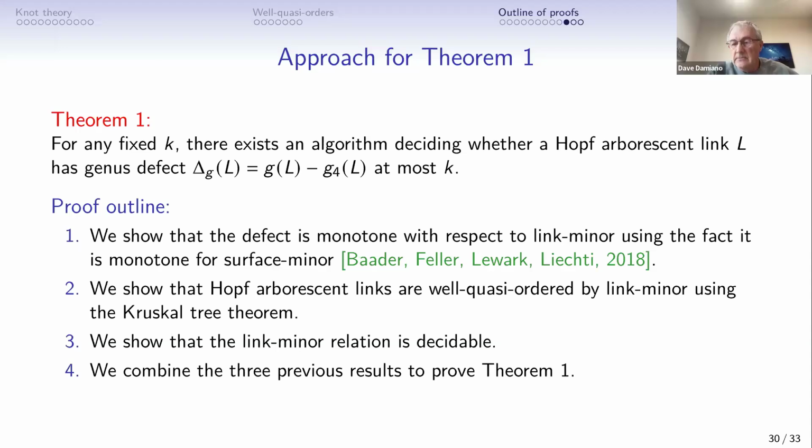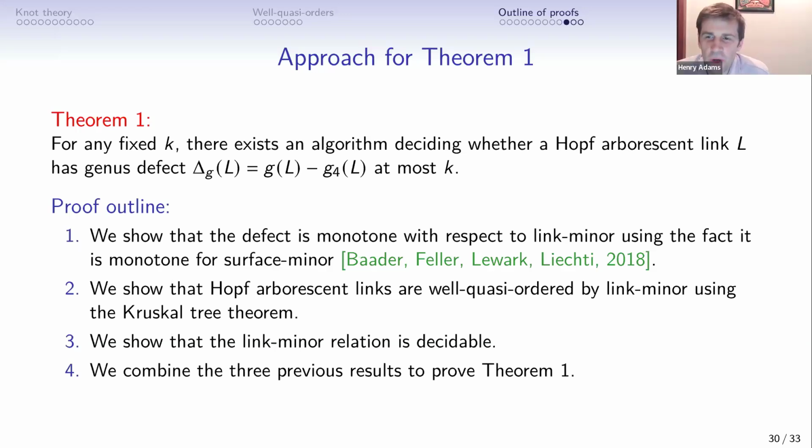So there is no hope to just drop this assumption of just two twists and apply exactly what we do. Other methods could prove that it is decidable, but not our well-quasi-order machinery. Okay, good. Thank you. Good question.